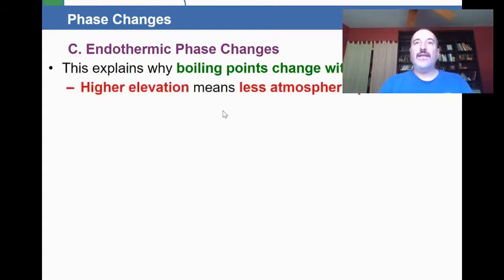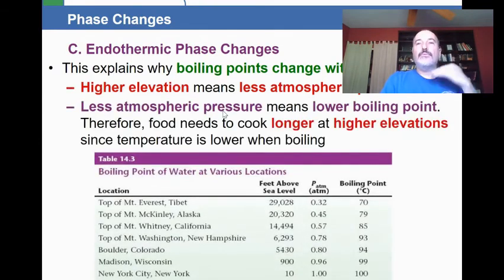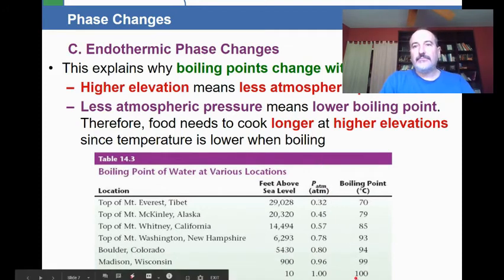At higher elevation, there's less atmospheric pressure, which means the water boils at a lower temperature. Okay? So if you're boiling water at sea level, it'll boil at about 100 degrees Celsius.